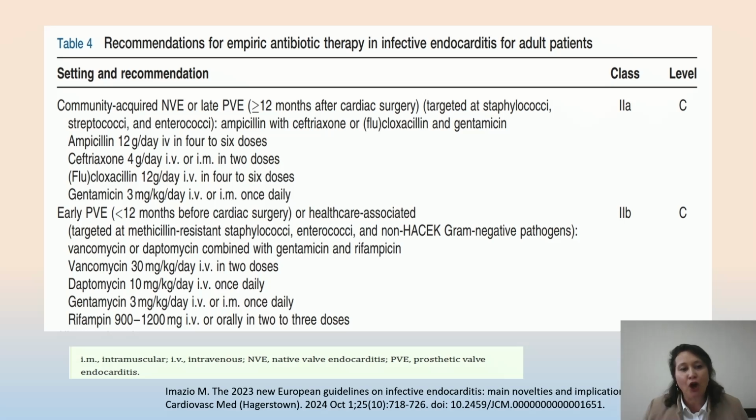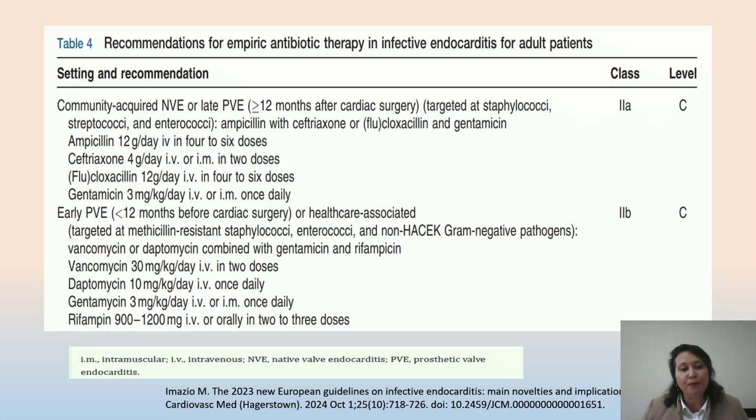In case of early prosthetic valve endocarditis, if it occurs less than 12 months after cardiac surgery, or if healthcare associated, which can be targeted at methicillin-resistant staphylococci, enterococci, gram-negative pathogens, we can recommend vancomycin or daptomycin combined with gentamicin and rifampicin.